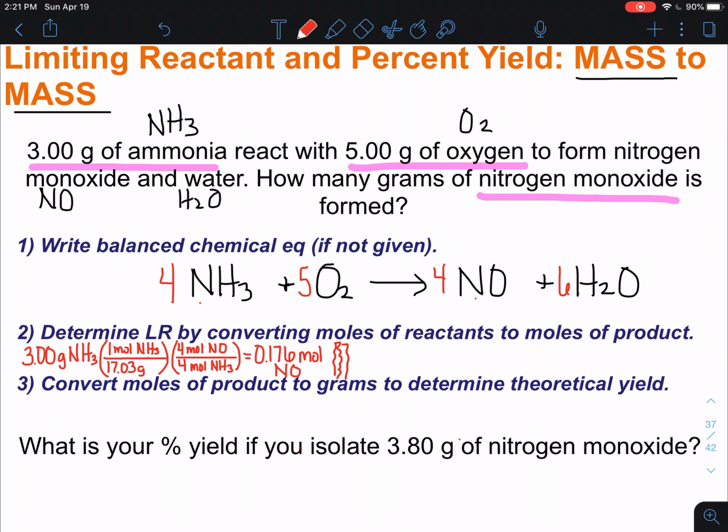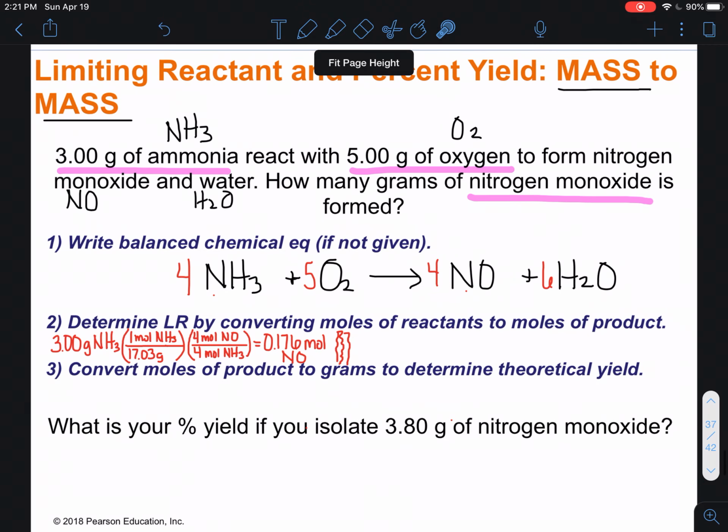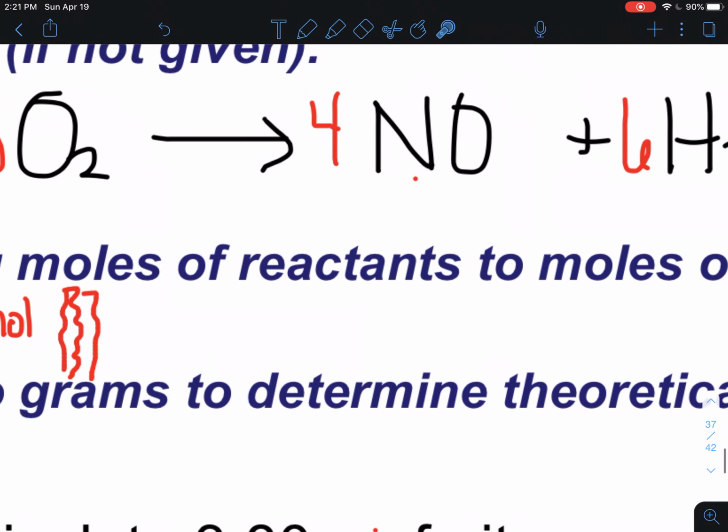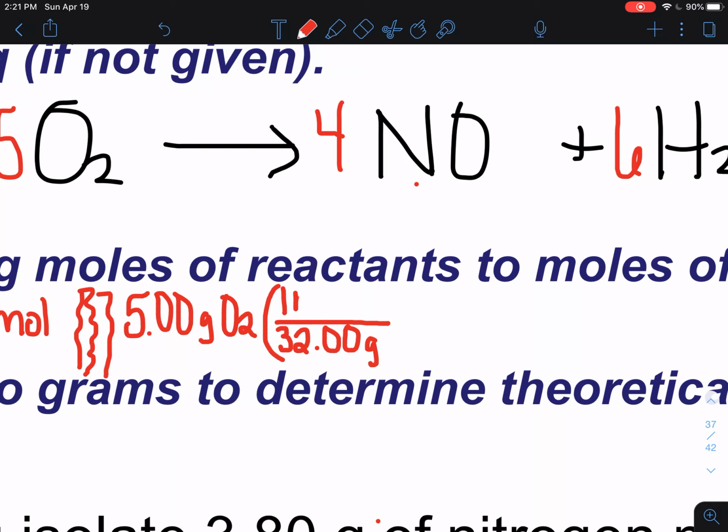Okay, so oxygen, we start off with 5 grams O2. We have to convert it to moles, so we need the molar mass of O2, which should be 32, so 32.00 grams per 1 mole O2.